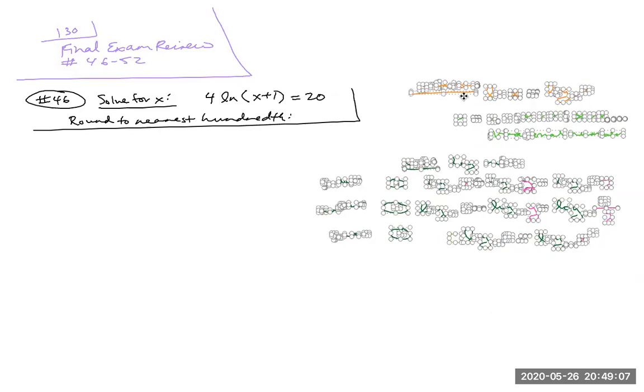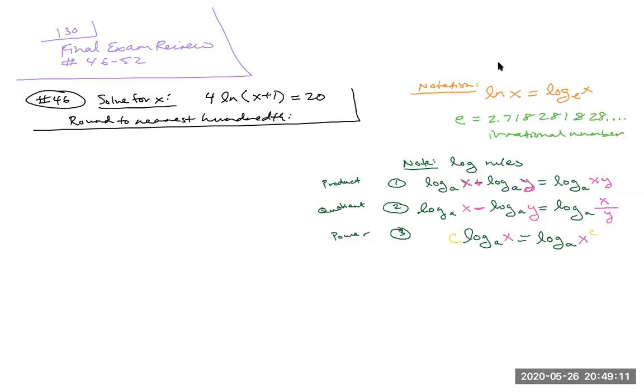There we go. Okay, so let's do this one. We'll go ahead and start it in black. So you have 4 ln of x plus 1, that equals 20.